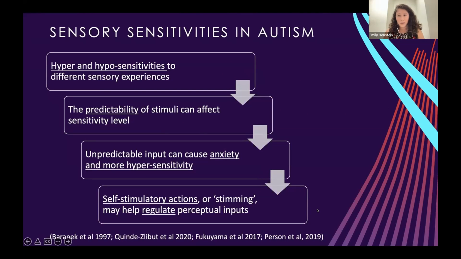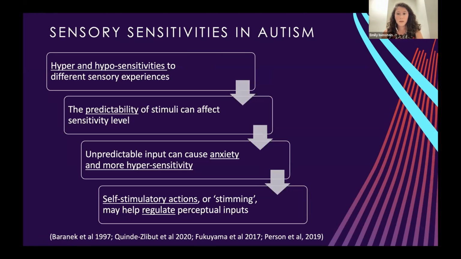So just a little background on the motivation behind this study. I really wanted to work on something to better understand sensory sensitivities in autism, with a focus on hypersensitivity to touch. We know that hyper and hyposensitivities to different sensory experiences are very common in autism. It's also been found that the predictability of the different stimuli can affect people's sensitivity.